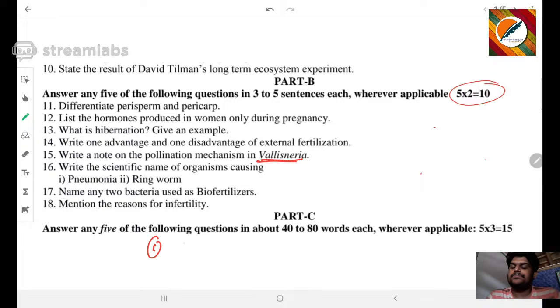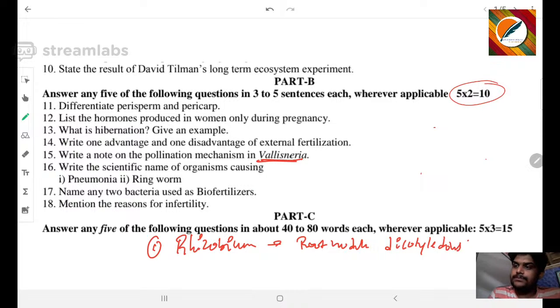One is Rhizobium, which you can see in the root nodules of dicotyledonous plants. It increases the nitrogen level in the soil. These are called nitrogen fixers.